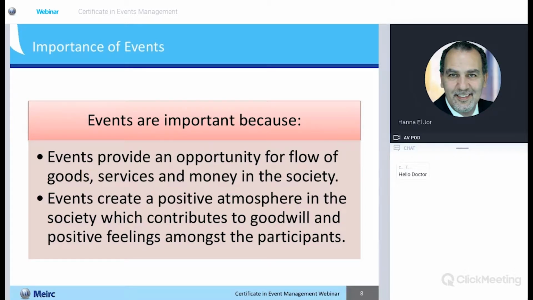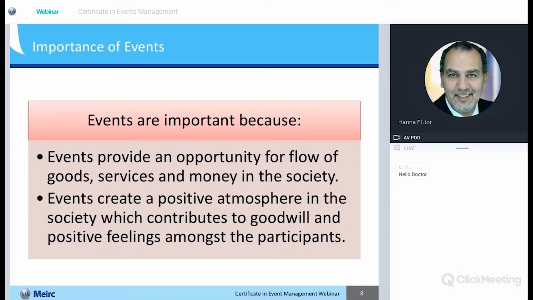They can be an opportunity for a money maker, profit. They can provide an opportunity for the flow of goods, services, and money in the society. They can also create a positive atmosphere in whichever society, contributing to goodwill.